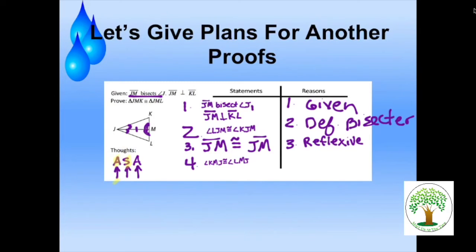Right angle congruence theorem says if two angles are right angles, then they are congruent. I was looking for something that said if they're right, then they're congruent. So I'm going to abbreviate right angle congruence theorem.